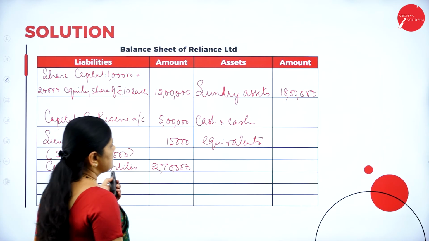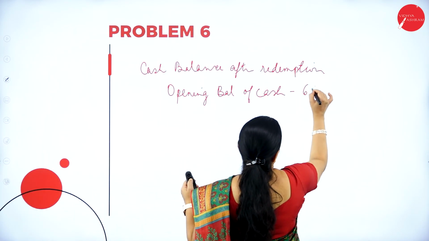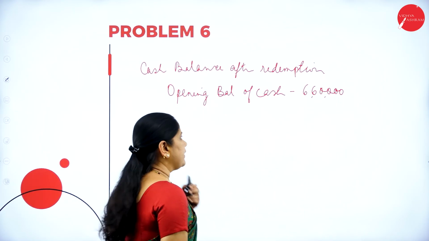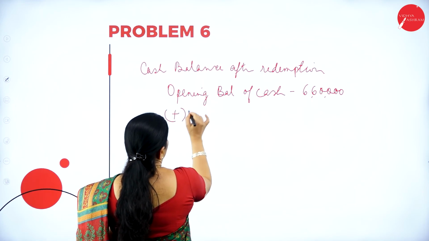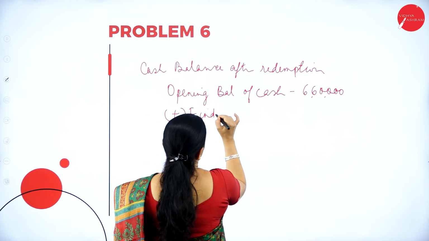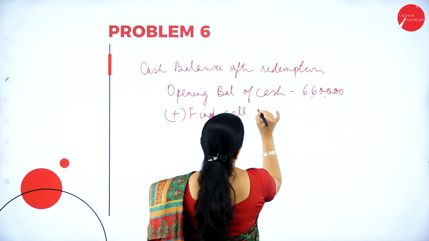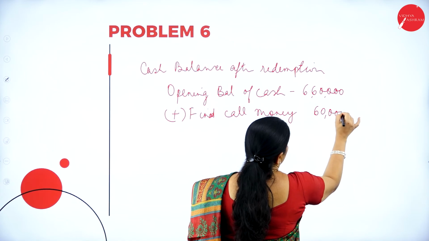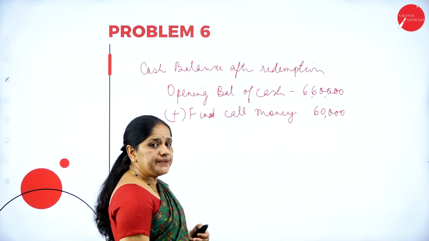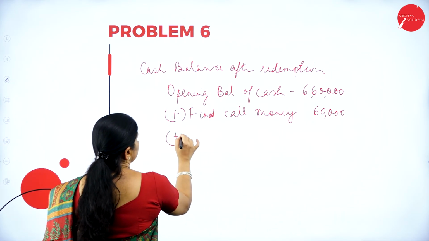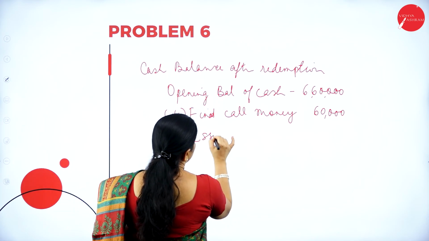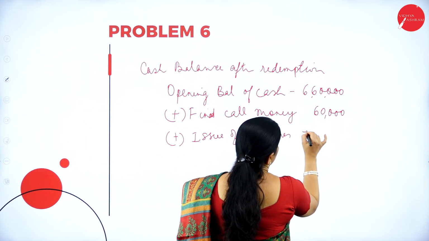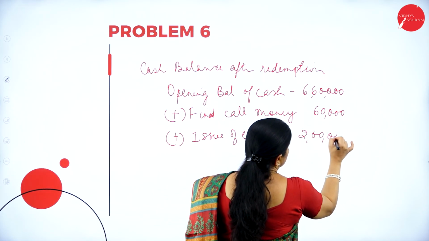I write it as it is. Then add final call money. What is the final call money? 60,000 I have received. Then I am also issuing equity shares. So from issue of equity shares, I am getting 2 lakhs.